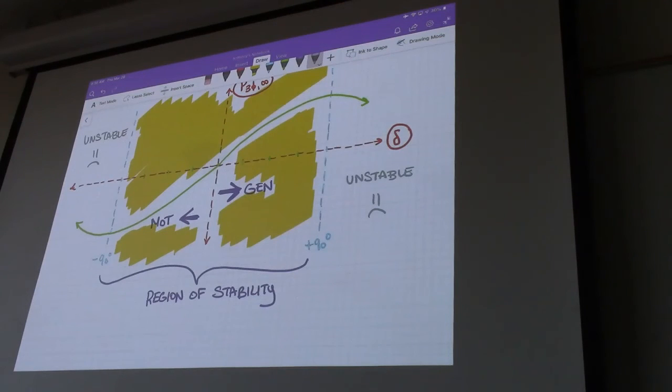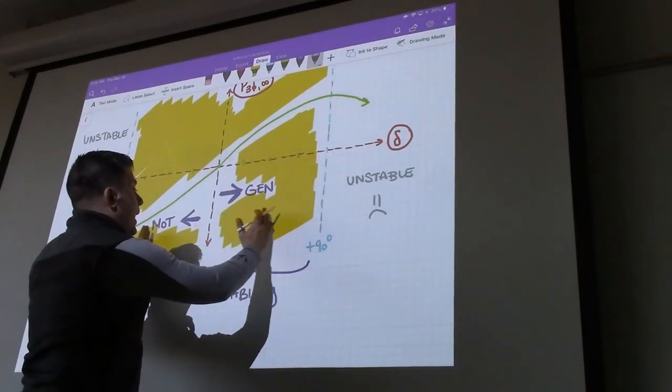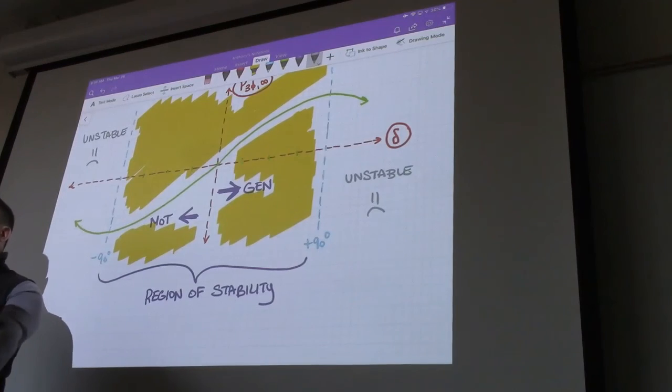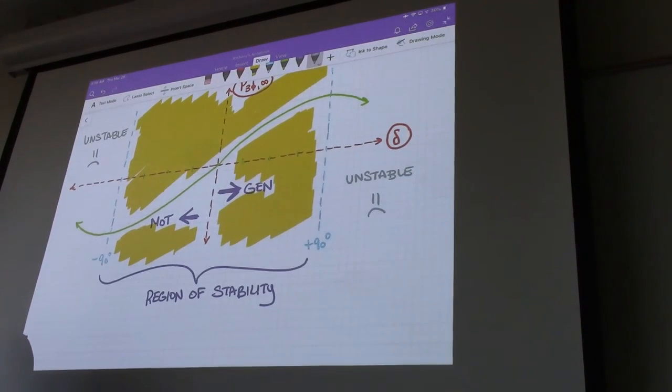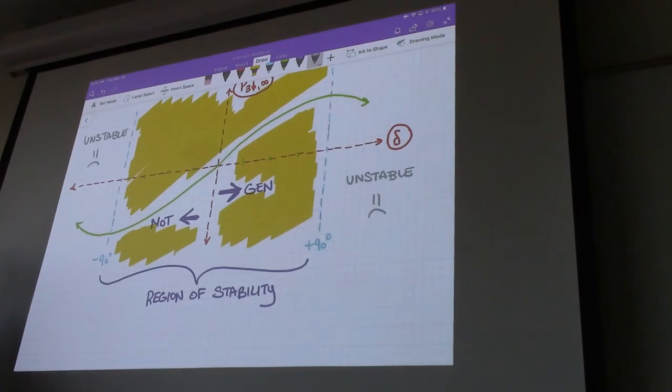Now, that seems pretty wide, and it is. So this is the maximum of the region of stability for this case that we have set up right here. The region of stability can be smaller as we start to take away some of the assumptions that we've laid out here. The fact that there's an infinite bus attached to it directly. Playing around with whether there's an internal resistance or not. But, et cetera, et cetera. We'll get into some of those later on.